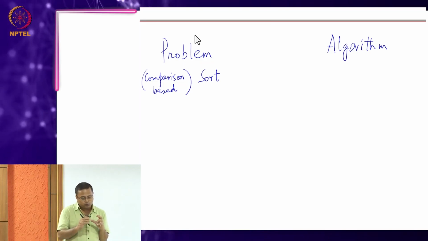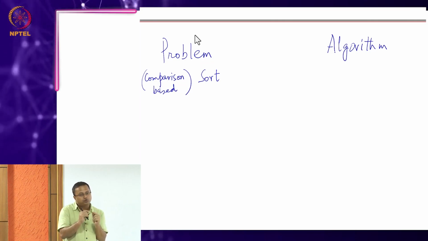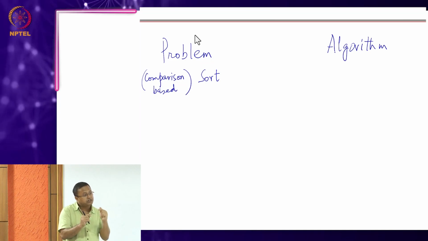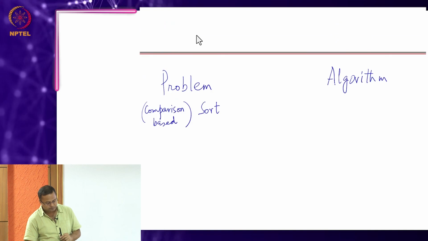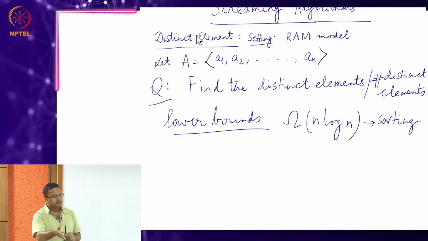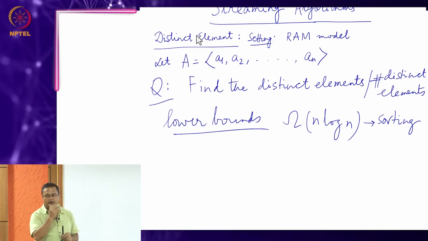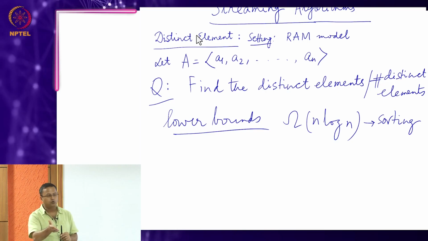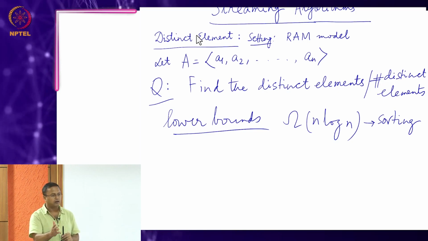The moment you want to solve a problem, what becomes very crucial is the machine in which you are solving the problem. Look into this distinct elements problem. It is pretty easy to solve in the RAM model. It is almost a no brainer: you sort, you are done.